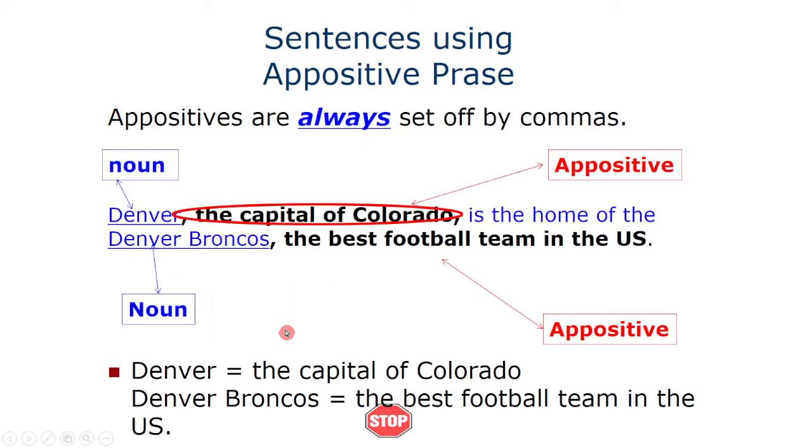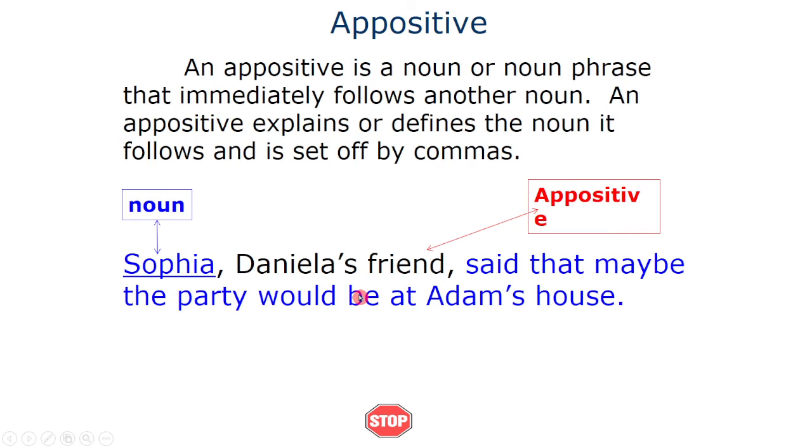Next, Denver, the capital of Colorado, is the home of the Denver Broncos, the best football team in the USA. So here, the capital of Colorado and the best football team, both are appositives. An appositive is a noun phrase that immediately follows another noun.